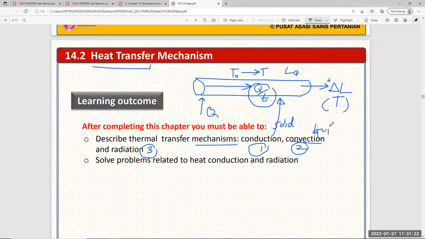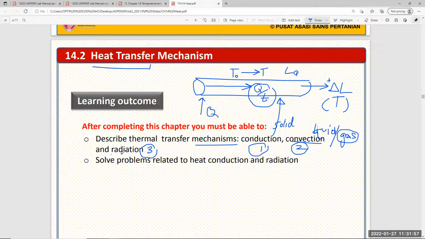I mean that the medium we discuss for convection is liquid and gas, such as water, or gas. In our case, when it comes to chapter 15, we use gas as the model for thermodynamics. So we have convection.